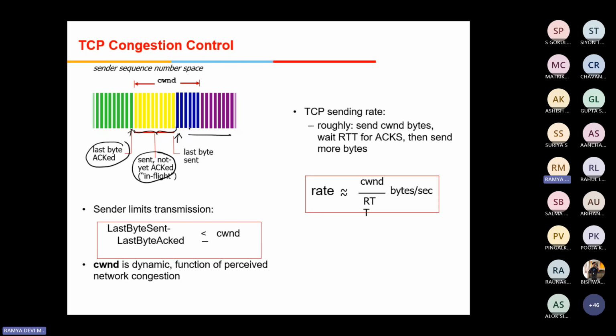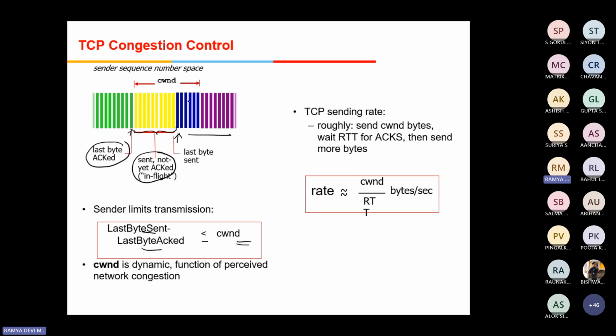The entire region in flight, the data, is limited by the congestion window, which defines the maximum number of unacknowledged packets that can be allowed. So the sender only sends if the last byte sent minus last byte acknowledged is less than or equal to the congestion window.